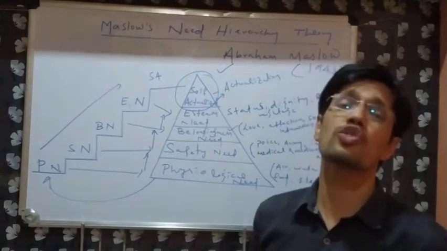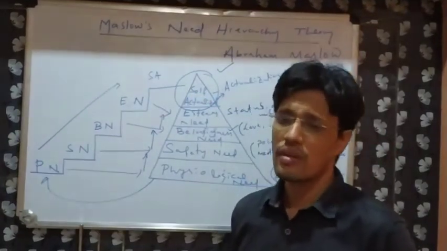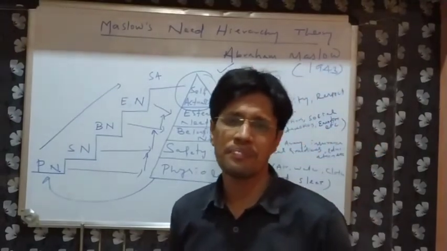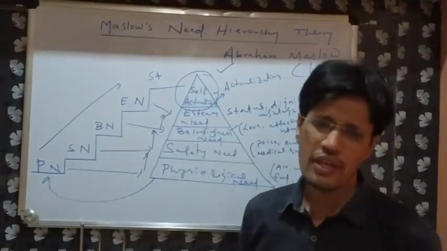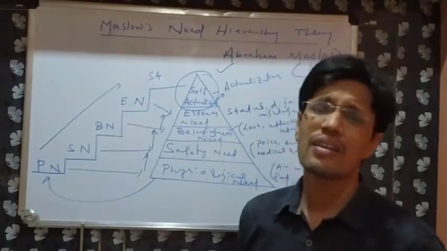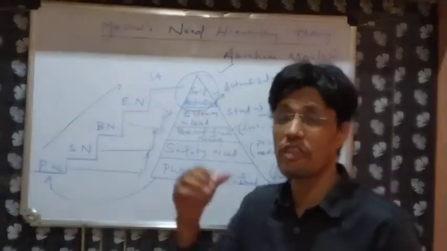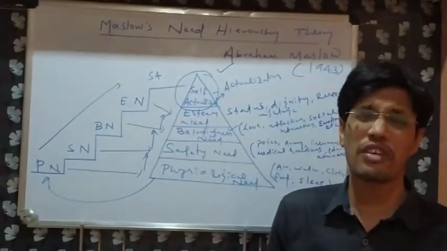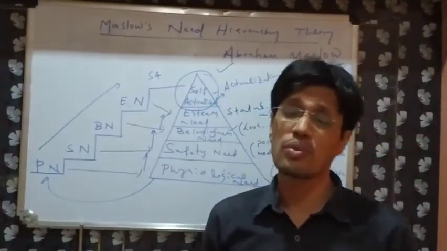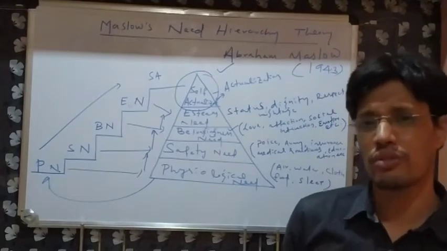Who can be actualized? In this present society, all people do not reach this particular position, self-actualization. It is highly difficult for everyone to reach that position. It is really difficult.